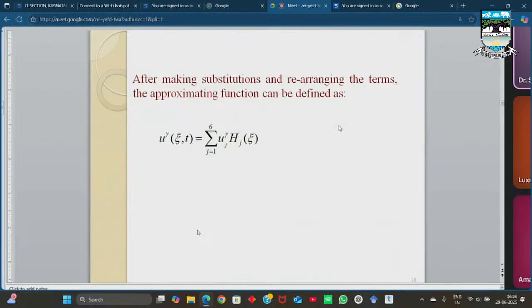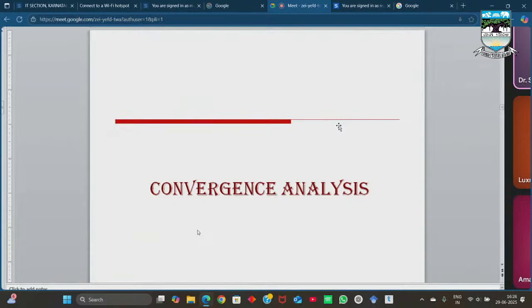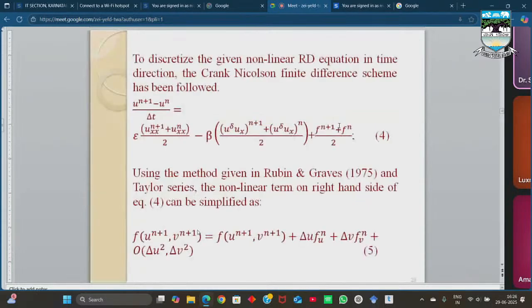Now this is the approximation of function u in the Γ domain. This Γ represents the number of subdomains. H_j(ξ) represents the Hermite splines and u_j^Γ are the undetermined coefficients that we have to determine. Now we come to stability and convergence analysis.